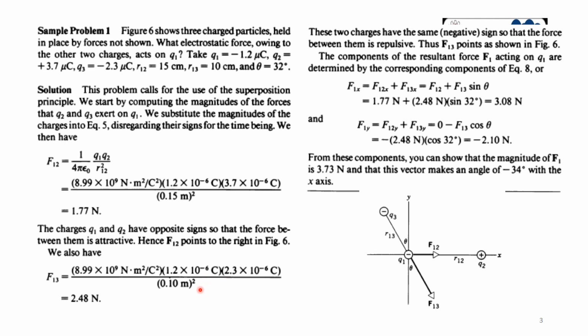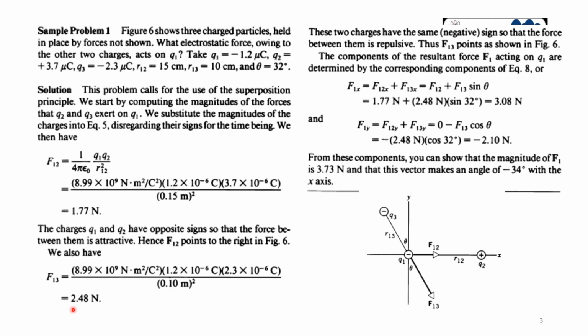And this is the R square. We have R13, already known as 10 centimeter, and if we convert centimeter into meter, 10 centimeter will be equal to 0.1 meter. So 0.1 meter square, because square is in the formula.